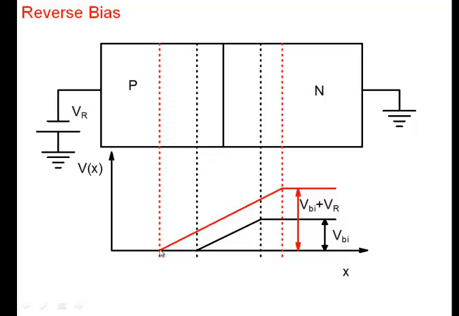And my total potential drop across the PN junction will be equal to the earlier drop, VBI, plus whatever is the reverse bias that I apply. Okay? So my net drop across the junction increases to VBI plus VR. Under forward bias, the net drop across the junction became VBI minus VF. It was becoming smaller. In this case, it is becoming larger. Okay?